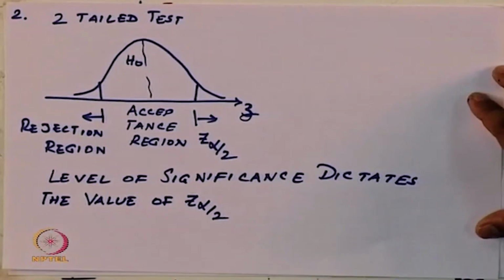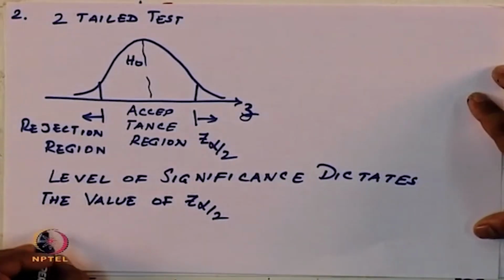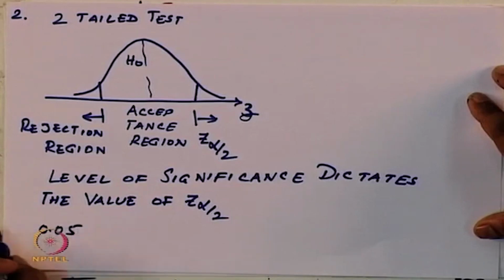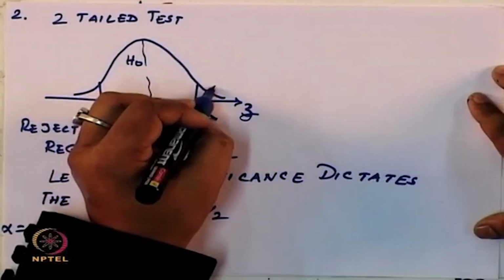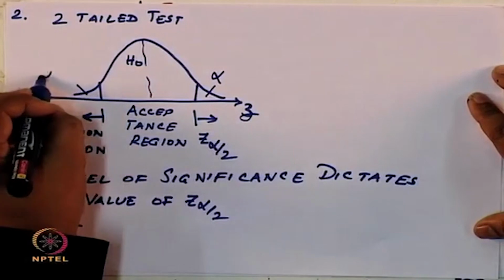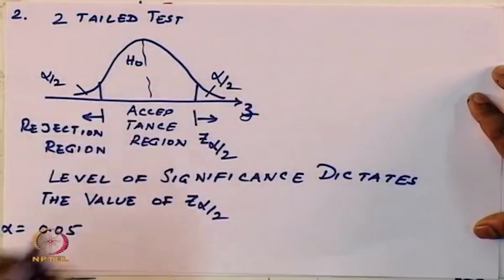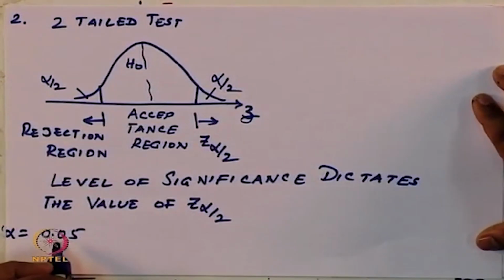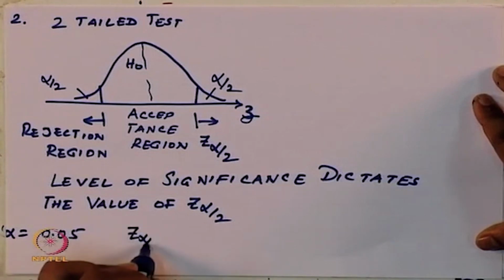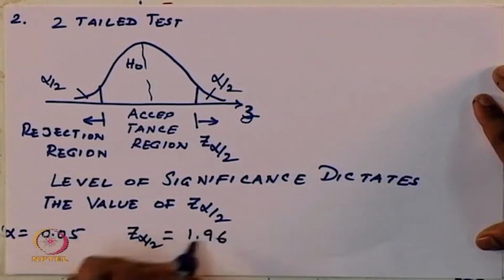And what we know is for alpha, alpha is nothing but the total area under the curve. So, both of these areas are alpha by 2. If alpha is 0.05, z of alpha by 2 is 1.96.